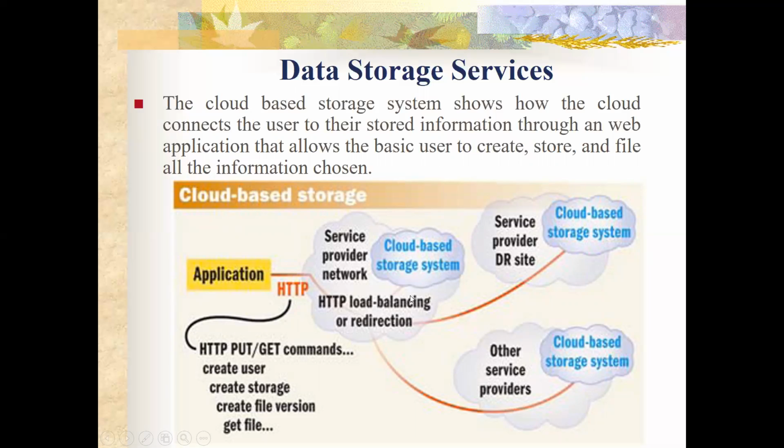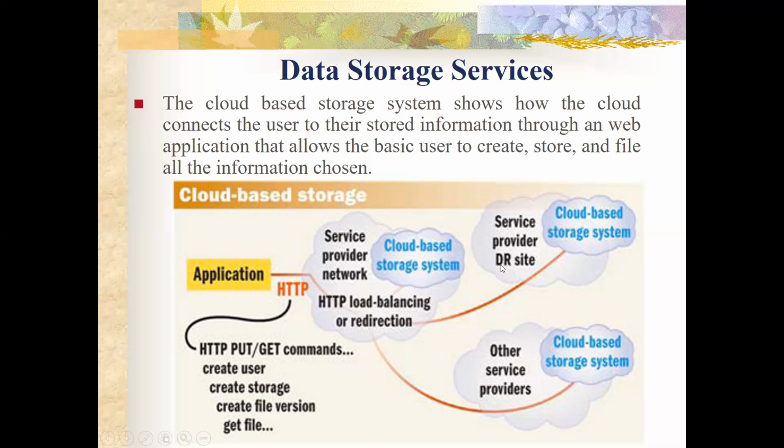In this side, we can see a few things. One is the service provider network, right? Later on we talk about operating system, how they balance the workload to different cloud-based service system. So that's the service provider network is cloud-based storage system, right? This is cloud-based storage system that have the service provider DR side.